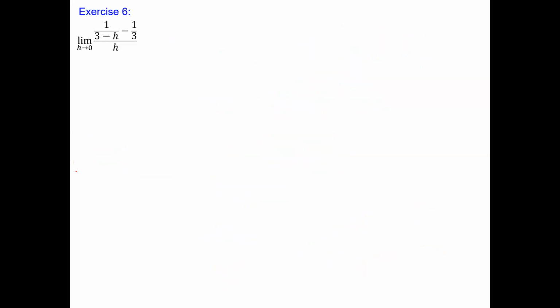Exercise number 6. Limit as h goes to 0 of 1 over 3 plus h minus 1/3, all over h. When we do the direct substitution, 1/3 minus 1/3 is 0, h is 0, so 0 over 0.